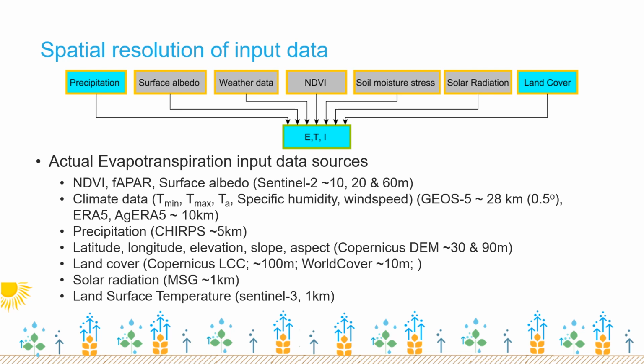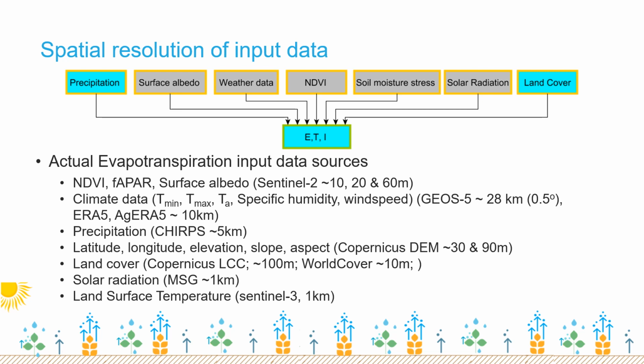Some of the static or annual data, such as the data derived from the digital elevation model and land cover, are available at different high resolutions. The solar radiation from the Meteosat Second Generation comes in 1 kilometer resolution, as well as the land surface temperature. As the land surface temperature is a key input into the moisture stress and relative soil moisture, it has a strong influence on the final results.